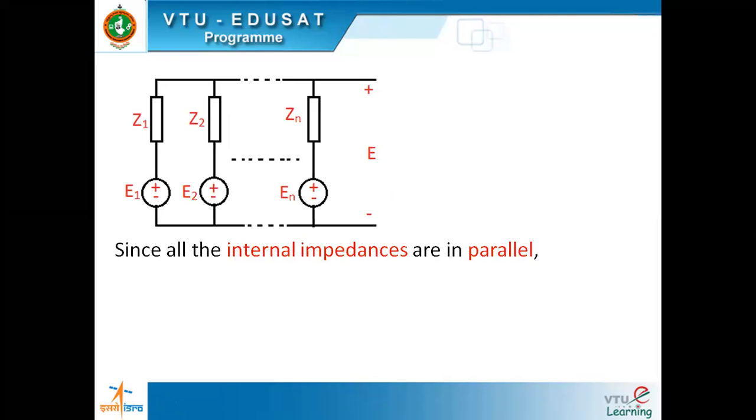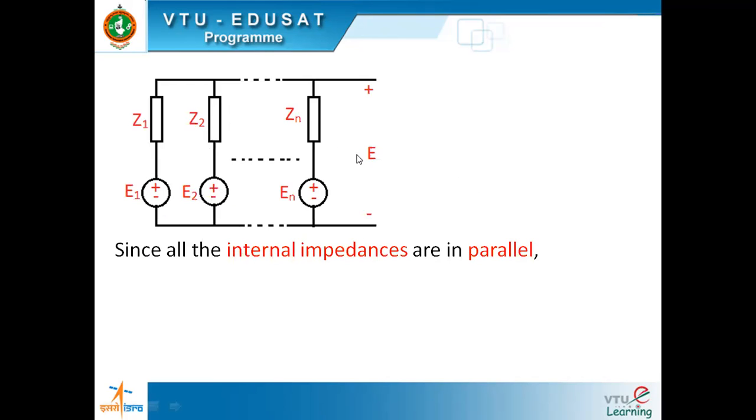We used to deactivate the sources. Understand? So if you deactivate the sources, how is this going to look like? They're all becoming short circuit. So that means Z1, Z2, Zn will all be in parallel. Or in other words, since they are internal impedances, they would be in parallel. Okay, so that's why it is called, since all are internal impedances, they are parallel. Or you can say to find E, we can go for short circuiting this.